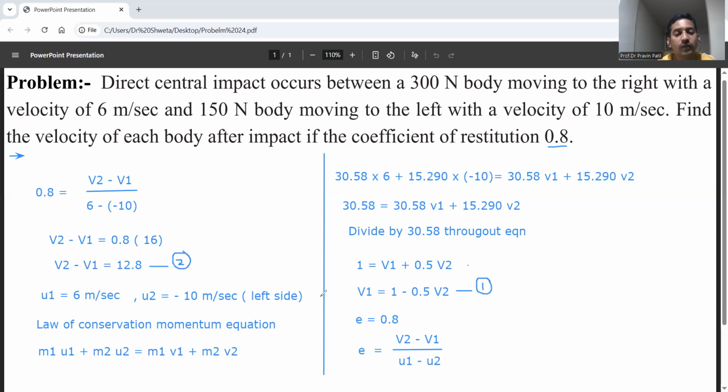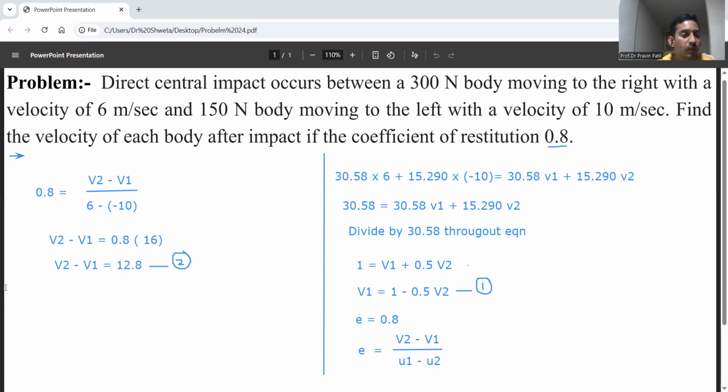So from equation 1, put the V1 value in equation 2. From equation 1, the V1 value is 1 minus 0.5 V2.